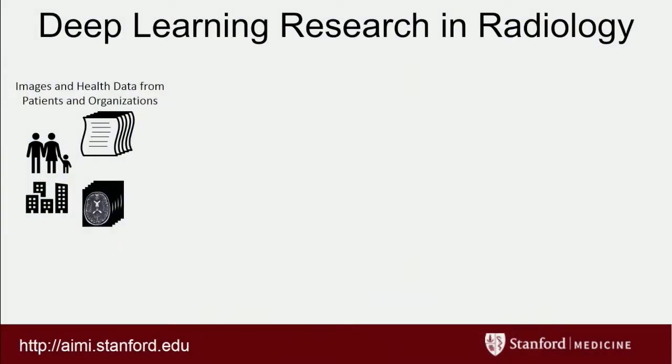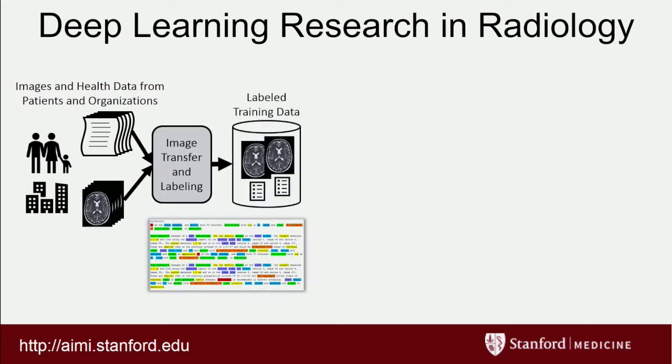The kinds of research questions that we are addressing really start with what most healthcare organizations have, and that is very large image databases and very large corresponding reports. So for our 5.5 million images, we have 5.5 million narrative reports that were created by the radiologist at the time that that image was obtained for the clinical care of that patient.